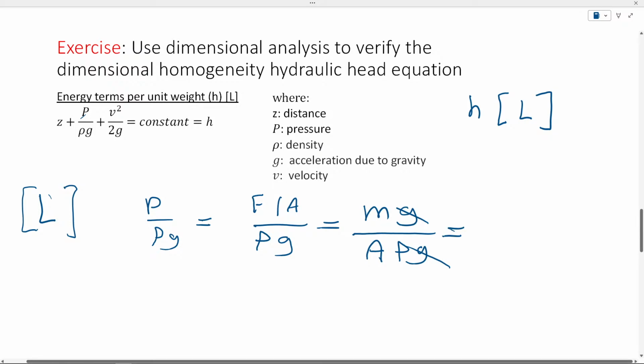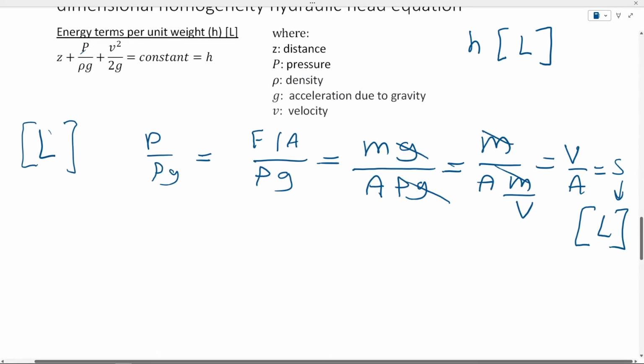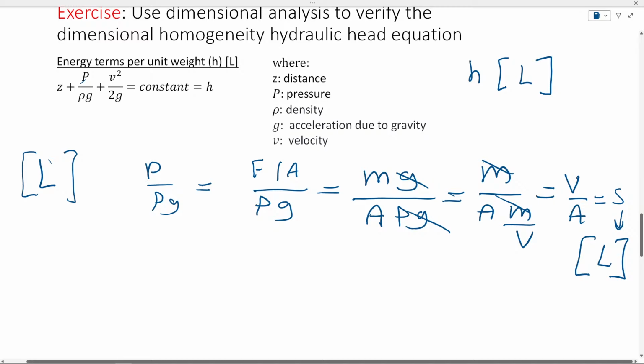Now rho is mass over volume, so the mass will go with the mass. Then we get volume over area, and that will give us length. Volume over area is a distance.